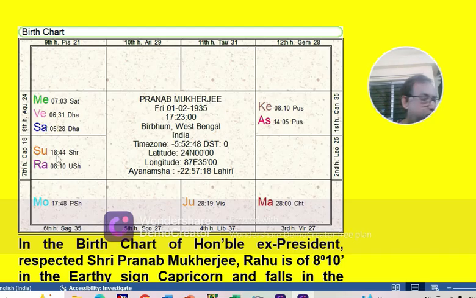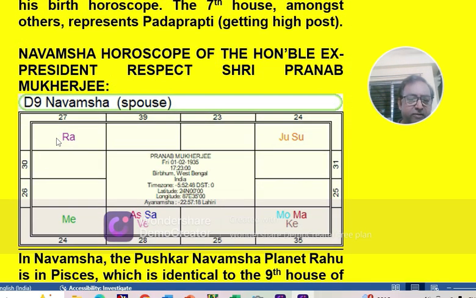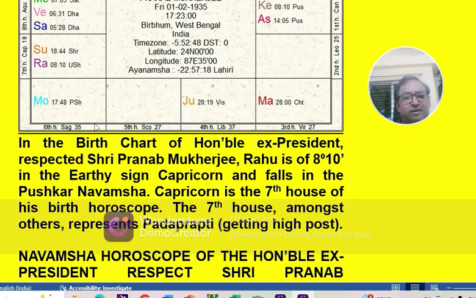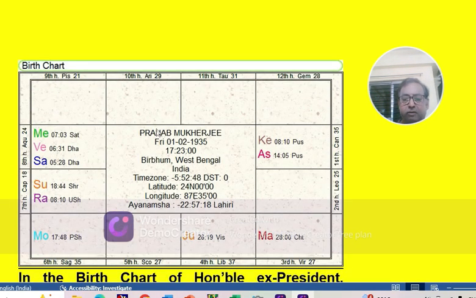In the birth chart, Rahu is in Capricorn, and in the Navamsha chart, it is in Pisces. I will show in the Navamsha also. Please see, where is Rahu? In Navamsha, Rahu is in Pisces.